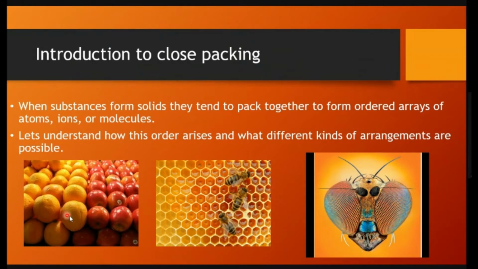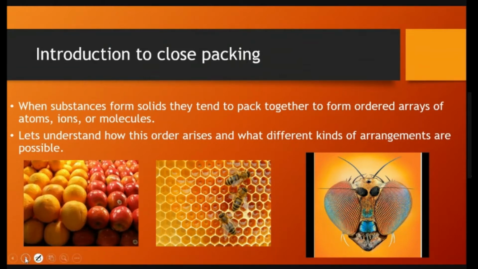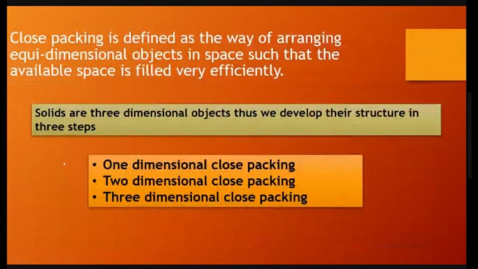Not only in our day-to-day life can you see close packing; even solids, whose molecules we cannot see with our naked eyes, are arranged in a well-defined, regular, close manner.